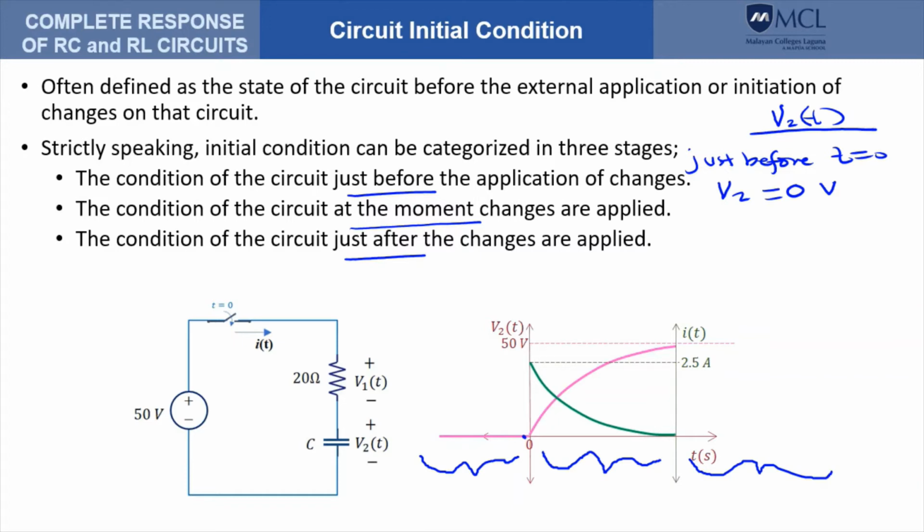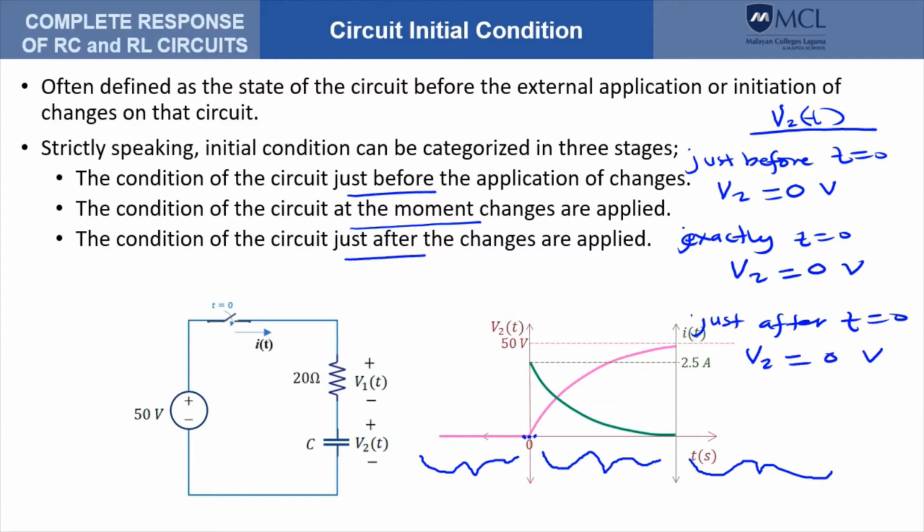Exactly at t equals 0, so this is the point here, V2 is still 0. And just after t equals 0, so it is somewhere here, we still get V2 equals 0, right?